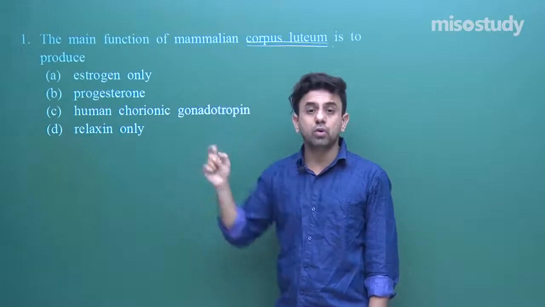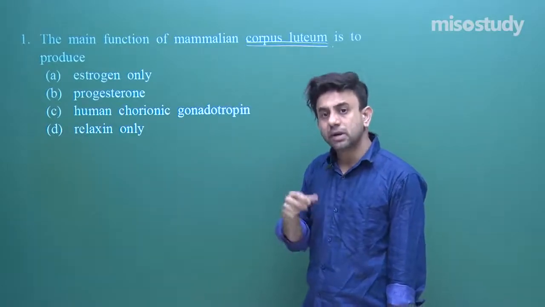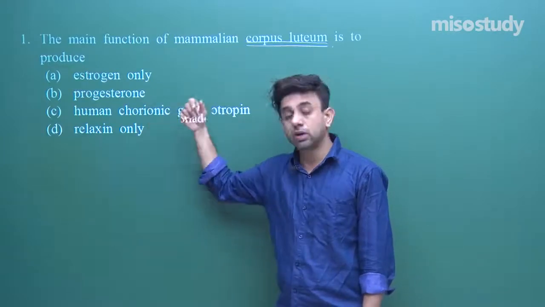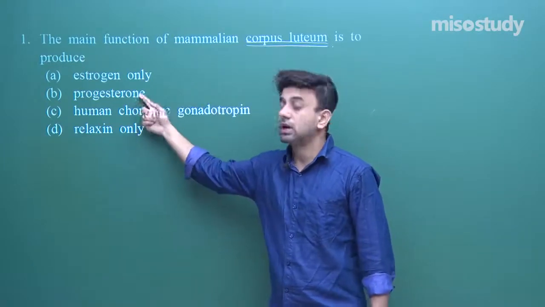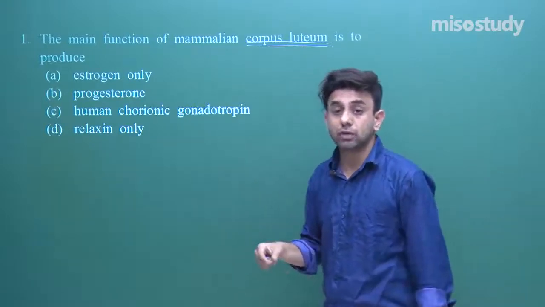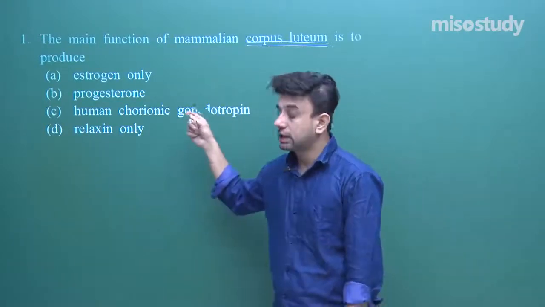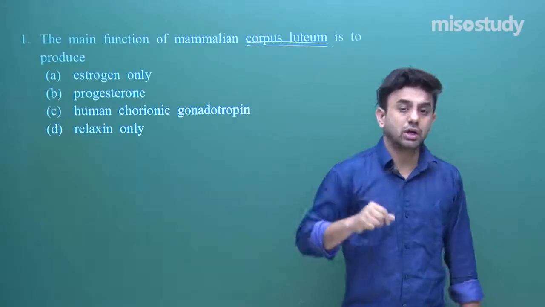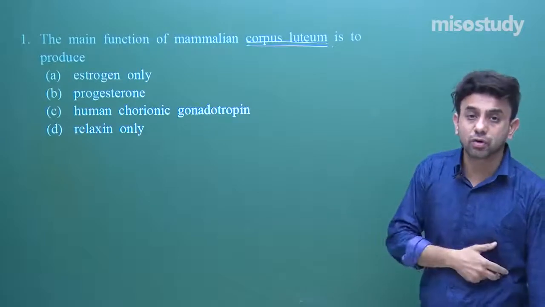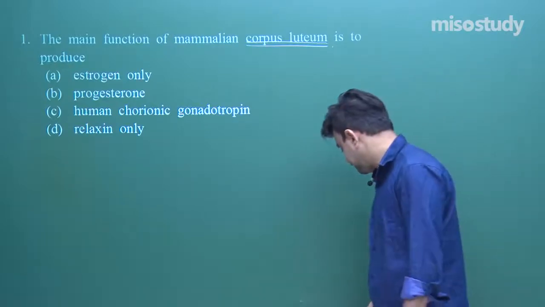Had it been only estrogen, it would have been right. But had it mentioned only progesterone, then also we would have considered that option. Had there been an option mentioning estrogen and progesterone both, then we would have gone for that option, right?